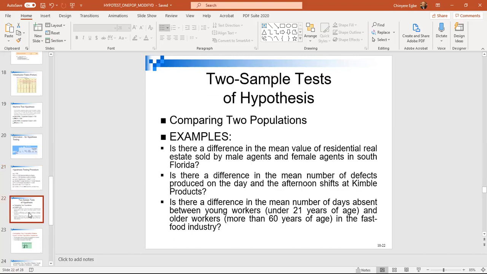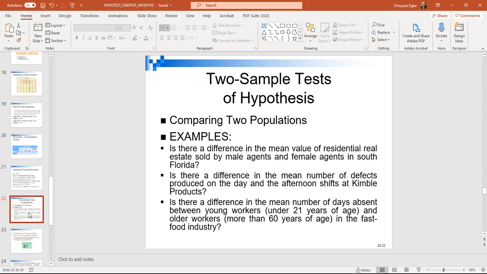All right. So in two population hypothesis testing, you are comparing two populations. For example, is there a difference in the value of real estate sold by male agents compared to female agents. So you're now looking at two populations, the population of male agents and the population of female agents. So you now want to compare them and see if there's any difference.